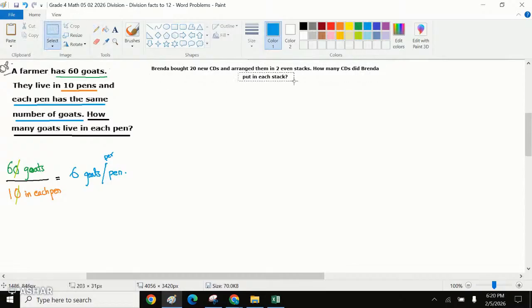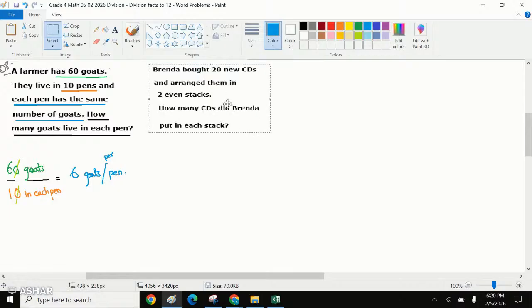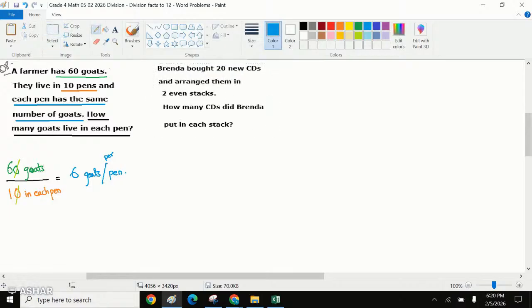Now they're not very common because you have better storage. Brenda bought 20 new CDs, right? And put them in stacks of 2. How many CDs did Brenda put in each stack? Now you can say that a CD can be a USB, a memory storage.